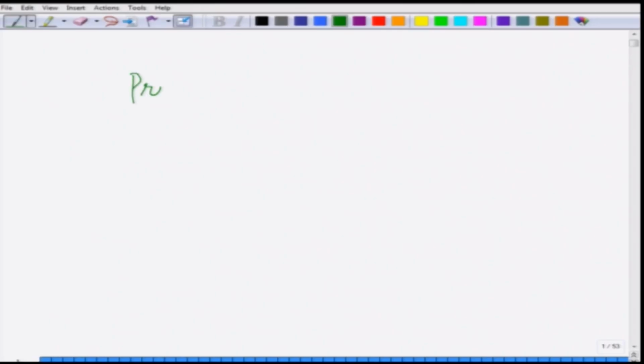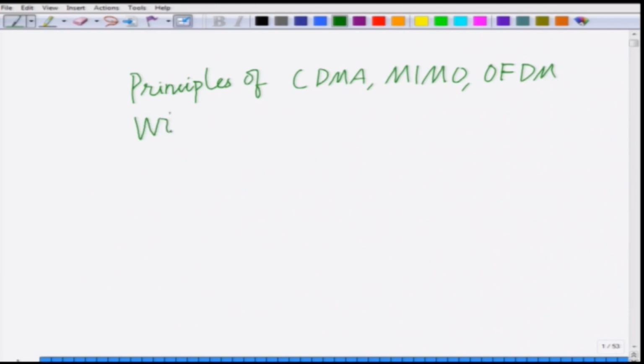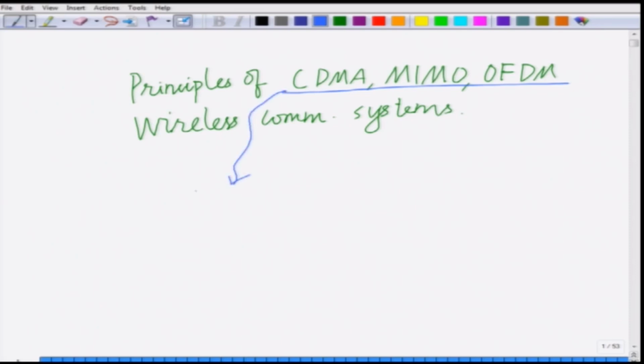So this is a massive open online course on the principles of CDMA, MIMO and OFDM wireless communication systems, and these technologies, which we are going to talk about extensively in this course, form the basis for the current 3G, third generation, and fourth generation wireless communication systems.